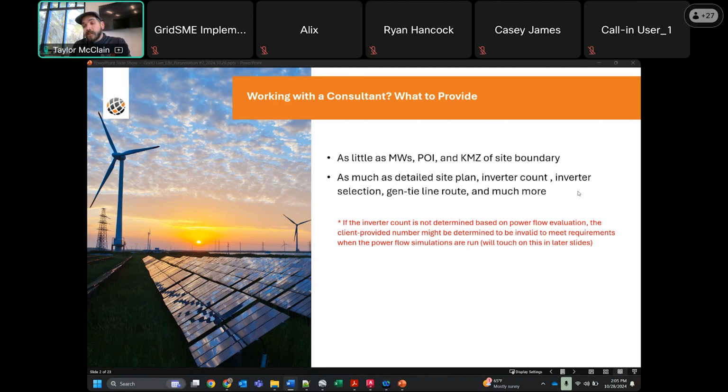So if you are providing an inverter count specifically, just be prepared to work with your consultant and make sure that you have the correct inverter count. And the other option, if you have an inverter count that you need to stick with, if you don't meet those requirements for a certain megawatt amount, you could also reduce your megawatts. So there's options if you're pretty set on your inverter count, but just something to keep an eye out for.